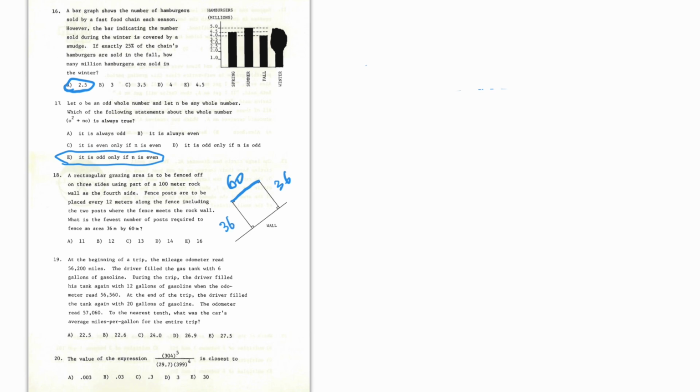This will use the fewest posts. Every 12 meters put a post, so 36 divided by 12 equals 3. That means the side has 3 fence sections. So with the 2 more posts, divide the 36 into 3 twelve-meter fences.